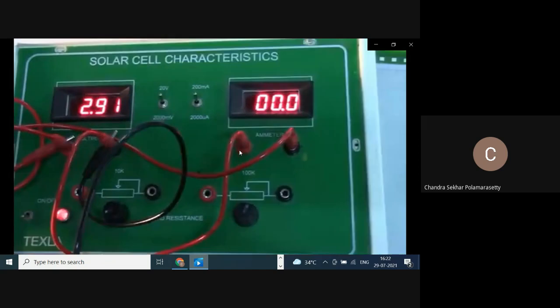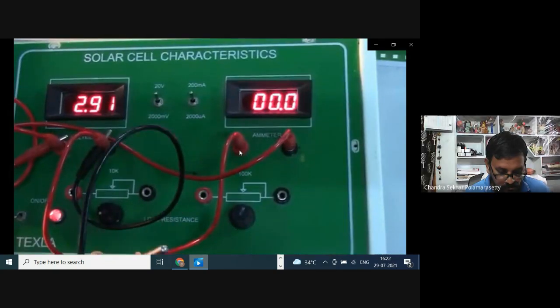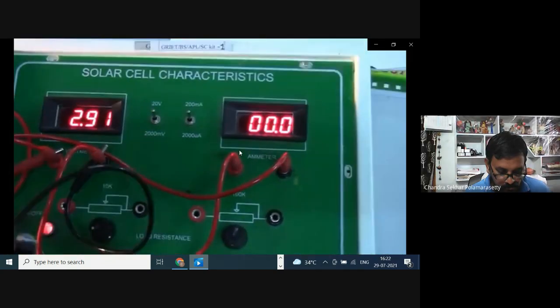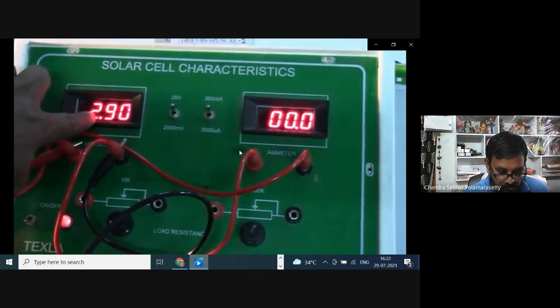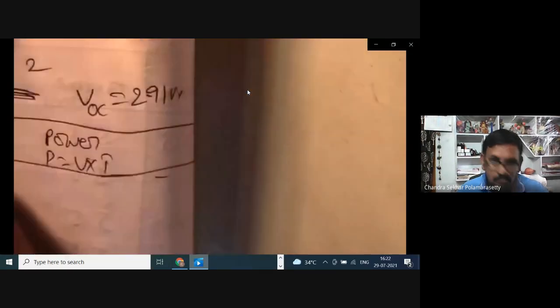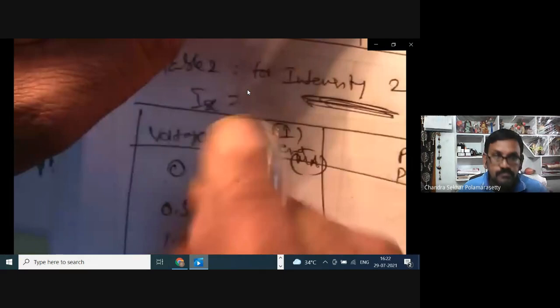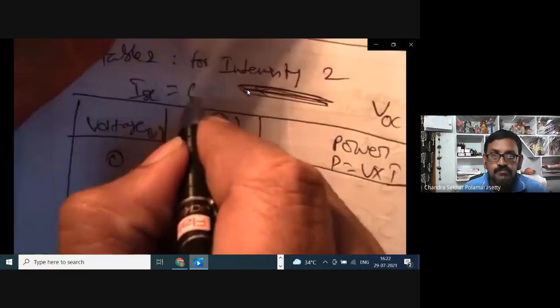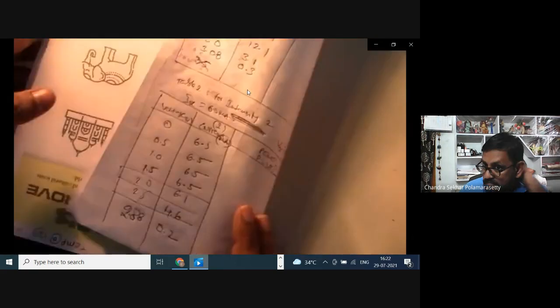Initially, you have to ensure the load resistance at a minimum position. So rotate it in anti-clockwise direction so that it offers minimum amount of resistance. So students, the initial value of voltage you see 0. This is the starting where you have to note down the readings.